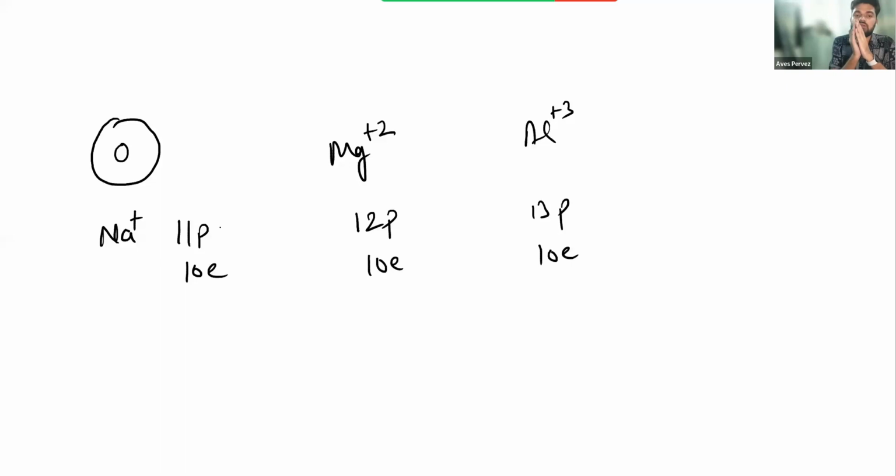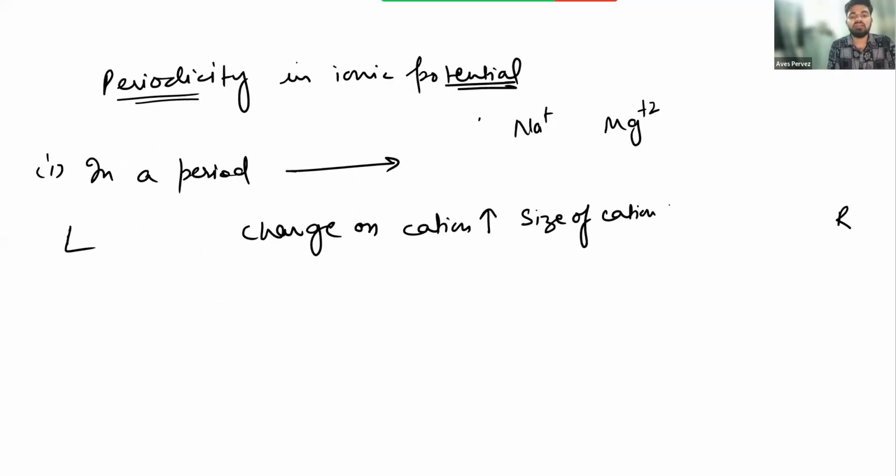Here 13 protons attract only 10 electrons, here 12 protons attract only 10 electrons, and here 11 protons attract only 10 electrons. So the size is continuously decreasing. As we go from left to right, the size of the cation decreases. Okay, got it? Understood?